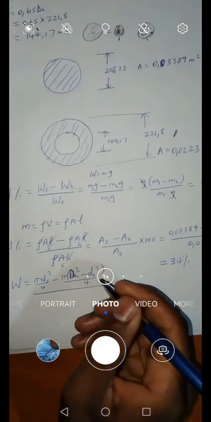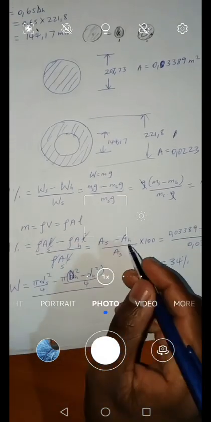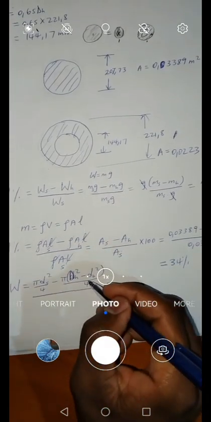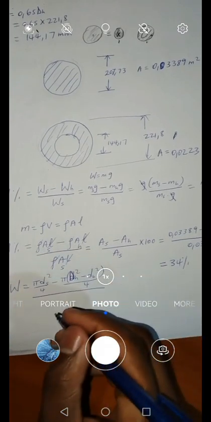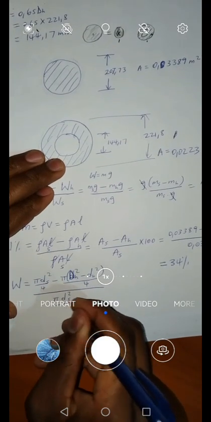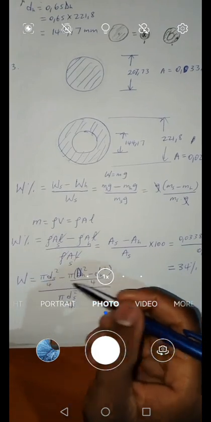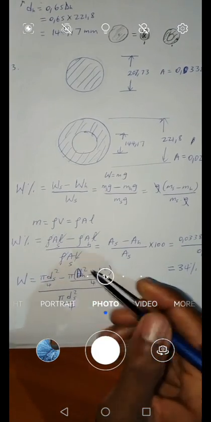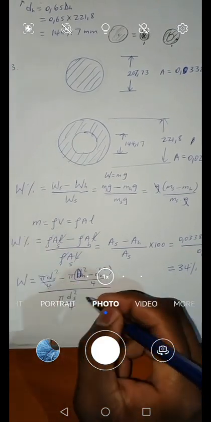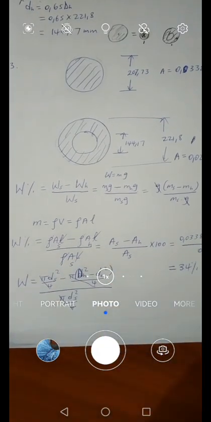Area for the hollow shaft is this one. Then all divided by the area of the solid shaft, pi d squared s over 4. Then from there you take out pi over 4 as common factor, and this pi over 4 will divide that.